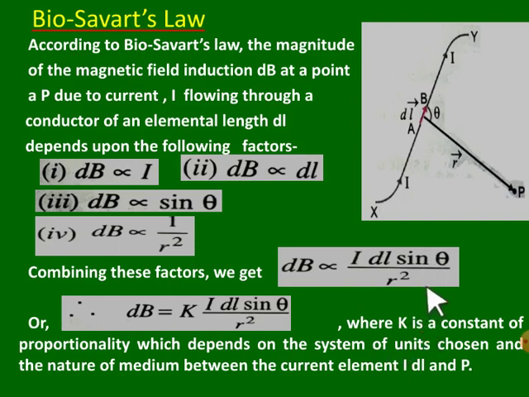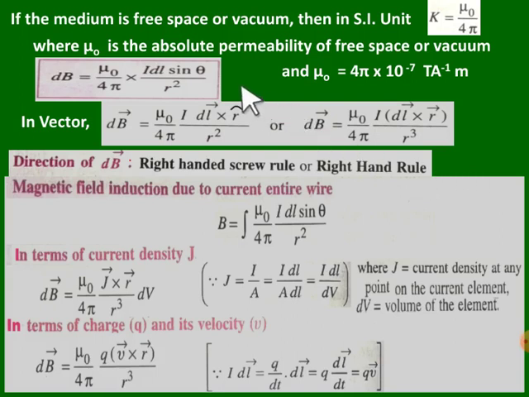And let's see, if we place this current carrying conductor inside a vacuum, that means there is no medium at all between I dl and P. So let's see, in SI unit, what happened? I told you that k is equal to mu naught by 4 pi. Why are we taking this in SI unit?